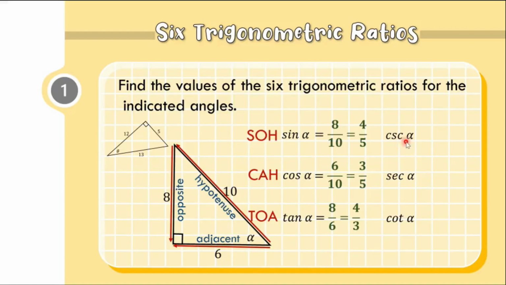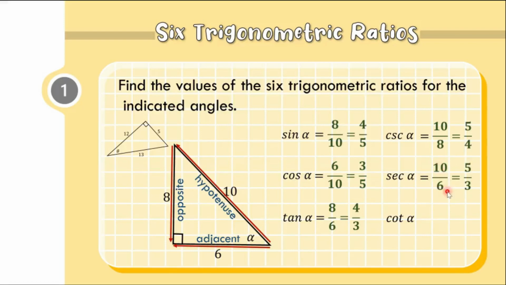To begin with cosecant alpha, which is the reciprocal of sine alpha here. So if we have here 8 over 10, then cosecant alpha is equal to 10 over 8 or 5 over 4. Secant alpha is equal to the reciprocal of cosine alpha, then this one is equal to 10 over 6, which is equal to 5 over 3.